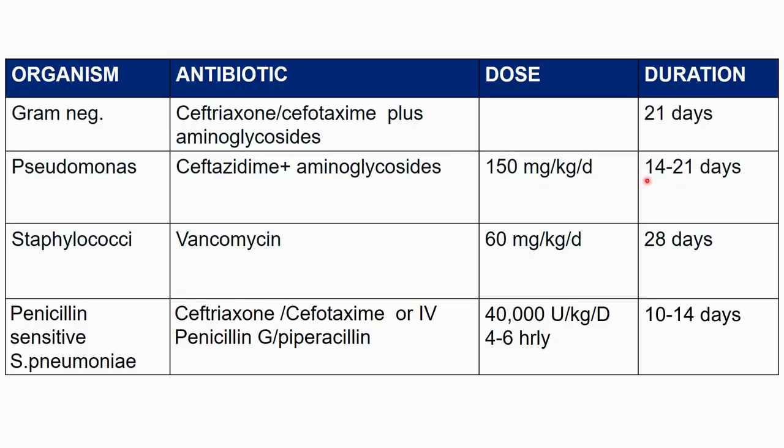Duration should be 14 to 21 days. For staphylococcal organisms, vancomycin is used with a dose of 60 mg per kg per day. Duration should be long, that is 28 days. For penicillin sensitive Streptococcus pneumoniae, you use ceftriaxone, cefotaxime, or IV penicillin G or piperacillin, and the duration of treatment is 10 to 14 days.